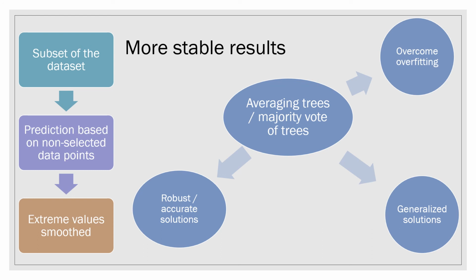So this implies that random forest may be better than doing a single decision tree because the random forest averages all the decision trees we conducted or takes a majority vote of all decision trees.